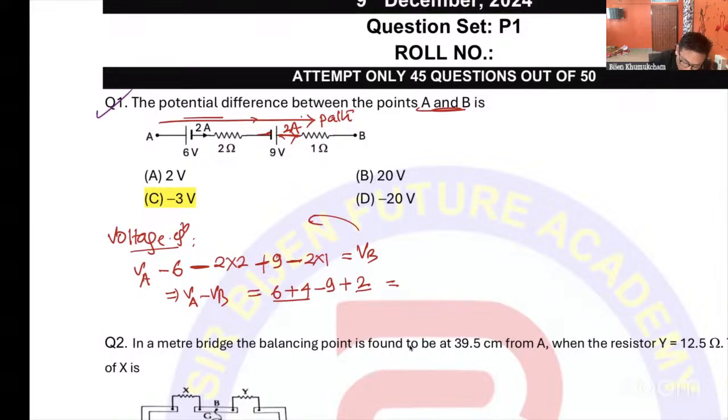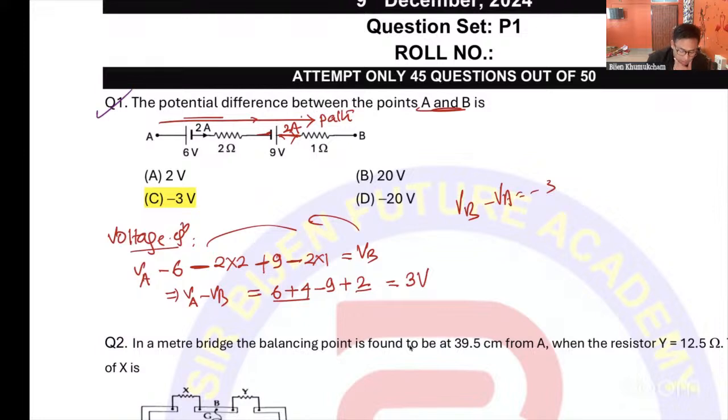So the answer should be: -6, -2 into 2 is 4, +9, minus... the answer is 3 itself. 3 volt the answer should be 3 volt. If the potential difference is between B and A, VB minus VA, then only we will get -3.